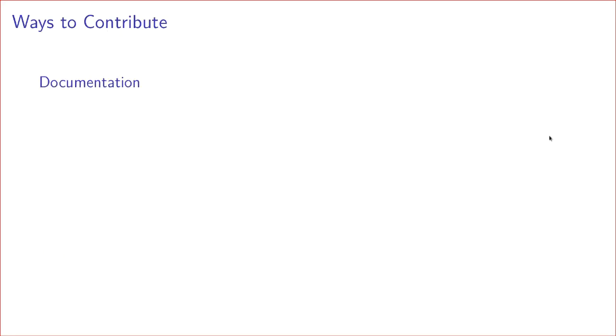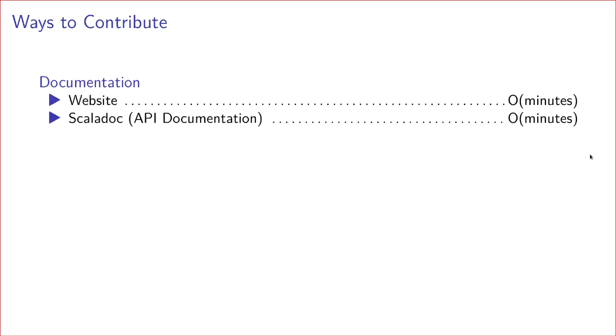There's been a big push on the Chisel and FIRRTL projects to get tons and tons of documentation on Scaladoc, on the website, to make it type safe, all of that. There's a lot of ways you can get involved with that: updating the website, adding new examples, documenting more features on the website, or updating or improving Scaladoc, which is our API documentation. And I'll show you what this is as we step through all of the different ways you can contribute later.